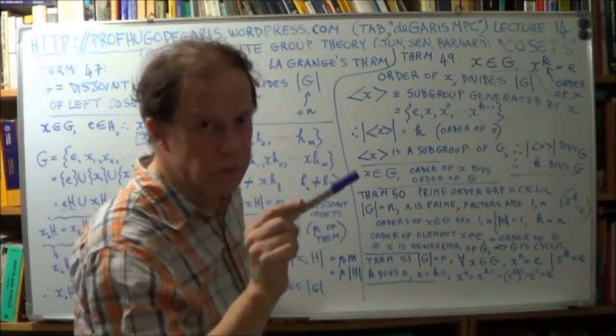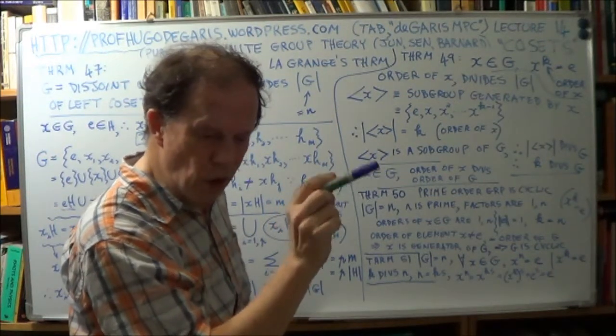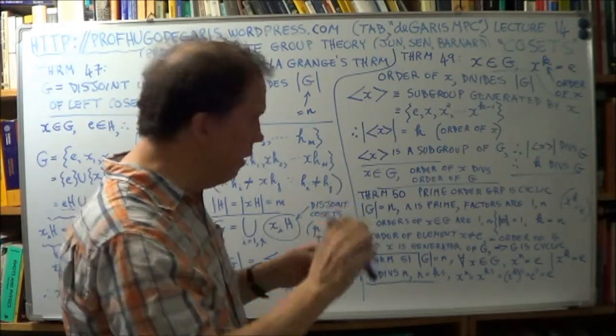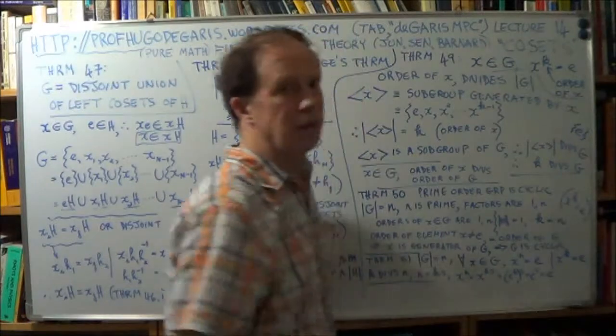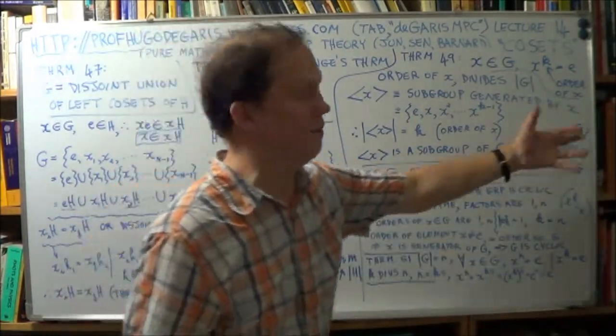Well, just the trivial subgroup, where the set consists only of the unit. It's the simplest possible group. It's called the trivial group because it's just so trivial.